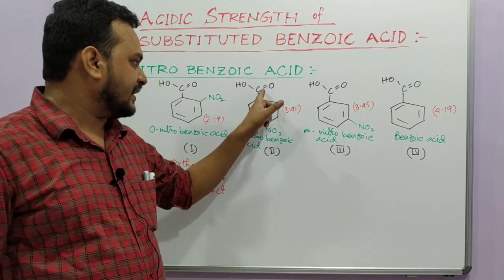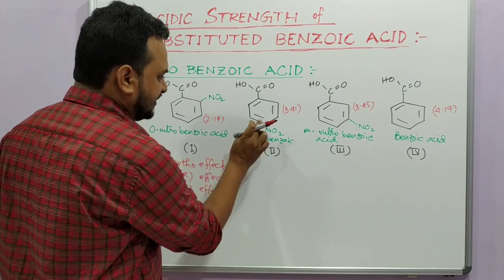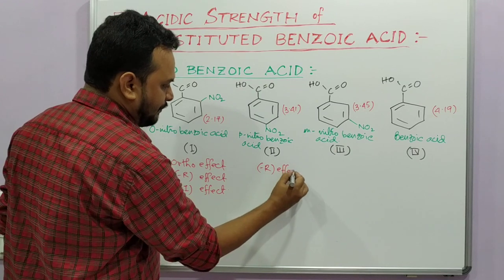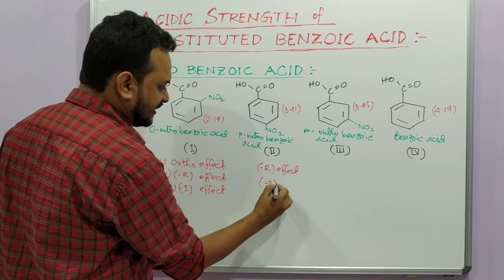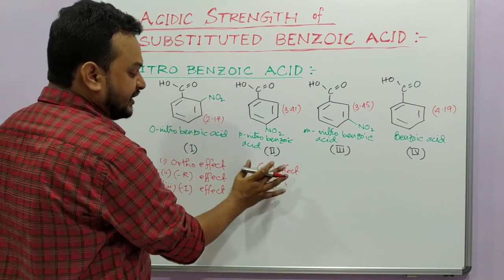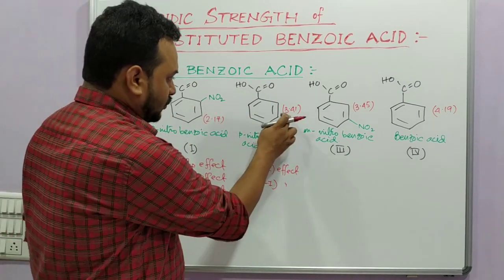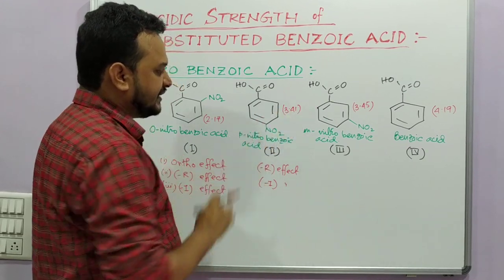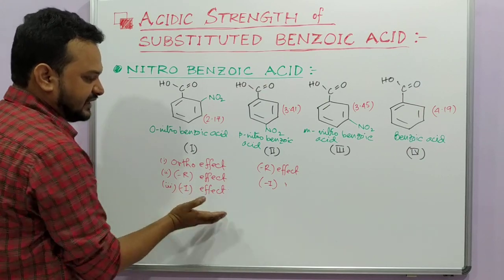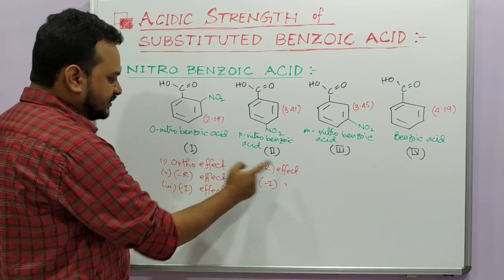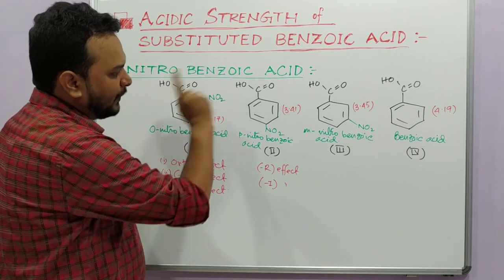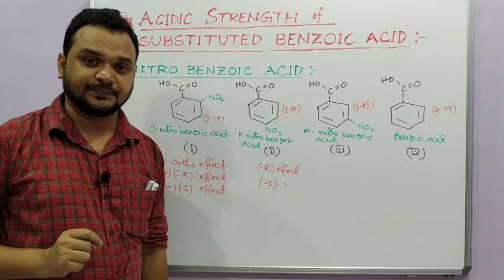Whereas for para-nitrobenzoic acid, here also, since it is at para position, the minus R effect is operating. Minus I effect also, but this minus I effect will not be that pronounced, because it is far away. But a very strong minus R effect is there. So it is again highly acidic, 3.41. Now see, if we just neglect this I effect, which is not that strong, then in both cases there is a minus R effect, but still ortho-nitrobenzoic acid is much more acidic than para-nitrobenzoic acid.